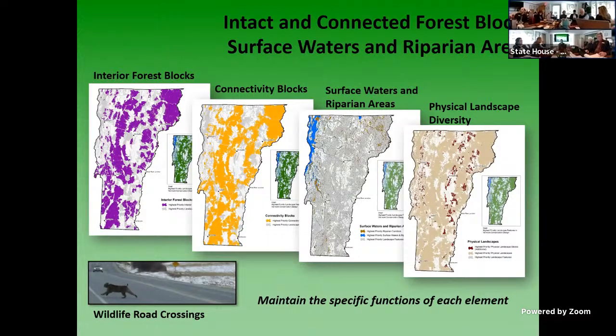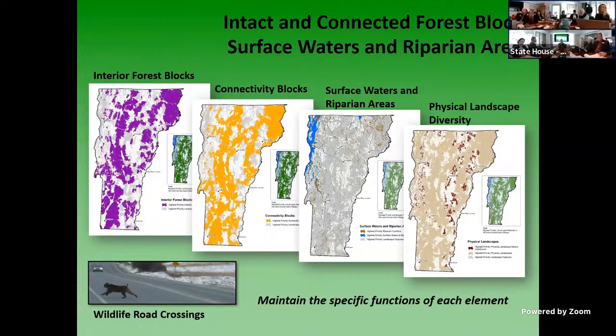So we started again, and we looked at what's the network of connectivity blocks that builds a backbone of connections across the state. How do we link places together? And you'll see that the orange blocks selected are largely continuous. You can trace a pathway.